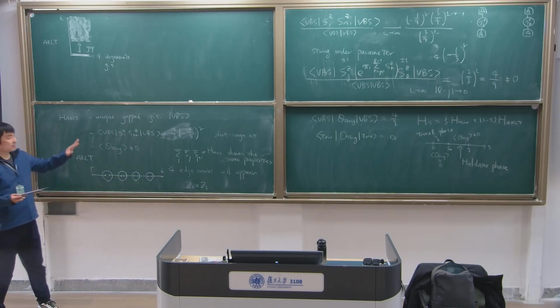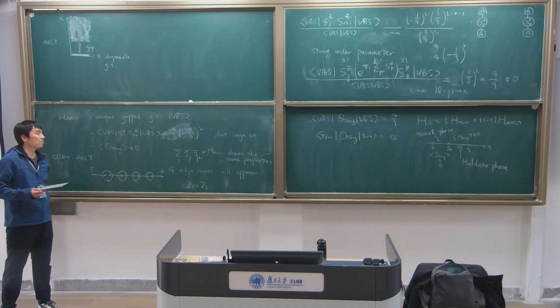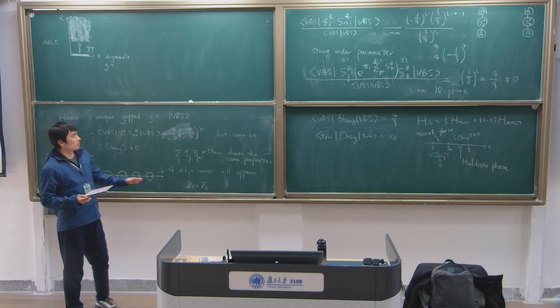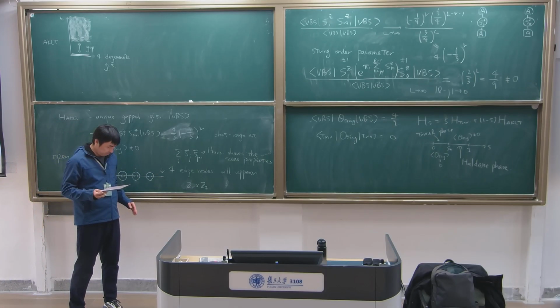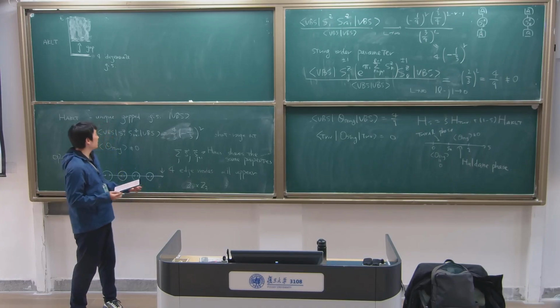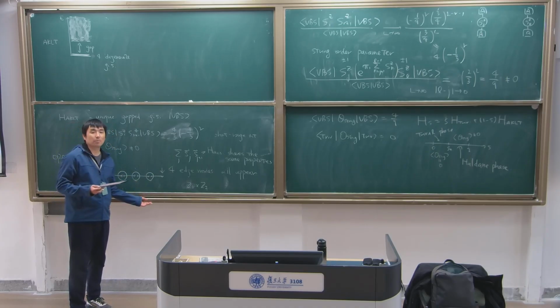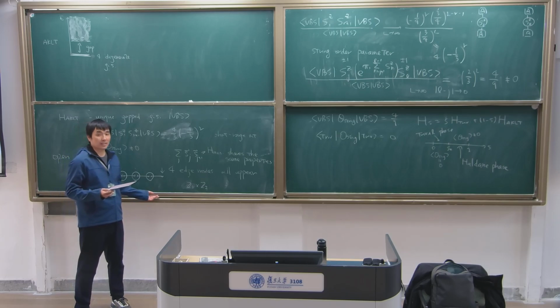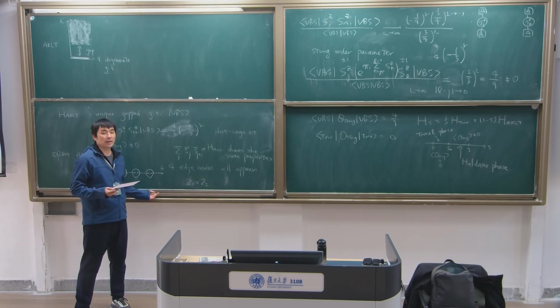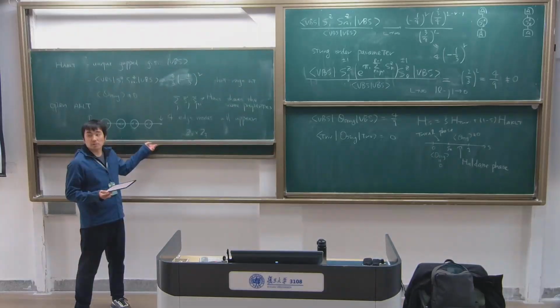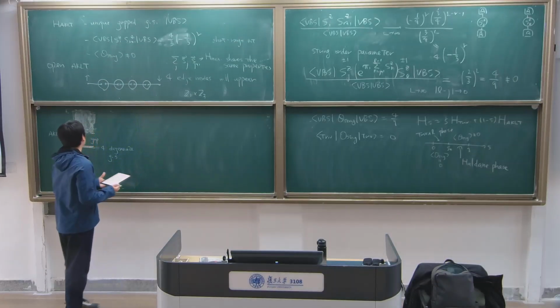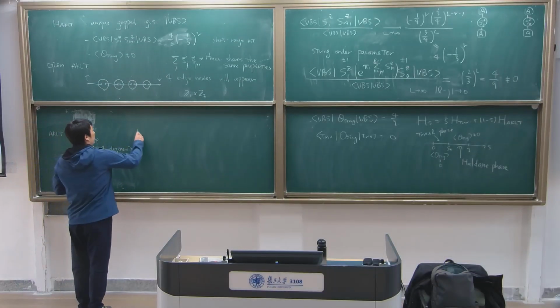That's the same. But showing that it has a unique gapped state has not been done exactly. Numerically and so on, it's already good. So this is the AKLT Haldane case.